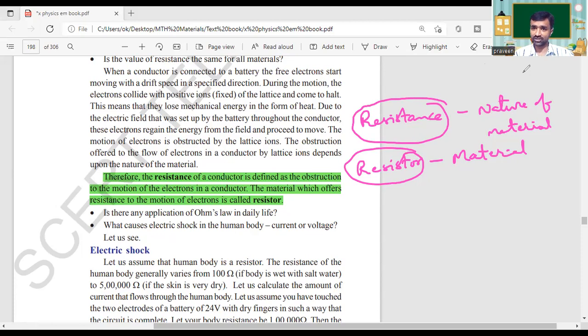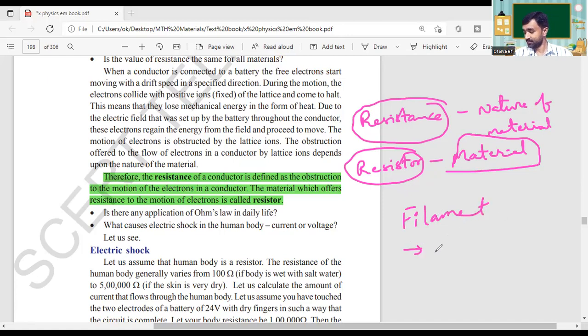So a resistor is a material that can offer resistance. In your bulb, what do we have? The filament.